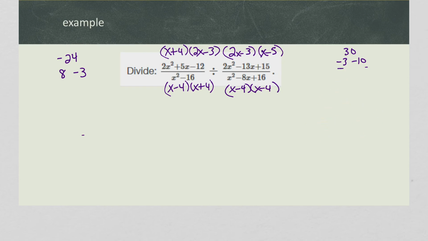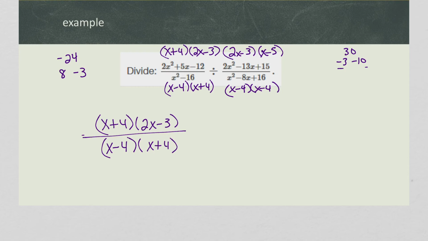All right, now I've got a clean slate. All right, so now I'm going to keep my first one. I'm going to change my sign to multiplication, and now I'm flipping my second one.